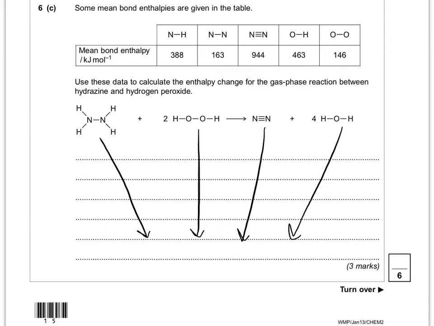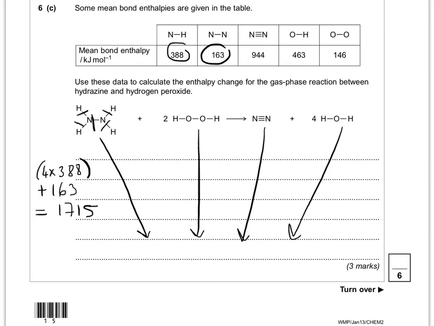So here you've got 1, 2, 3, 4 NH bonds, which all have mean enthalpies of 388. So you're going to have 4 times 388 plus the 1 NN bond, which is 163, because it's just a single bond between those two, and that gives you 1715.